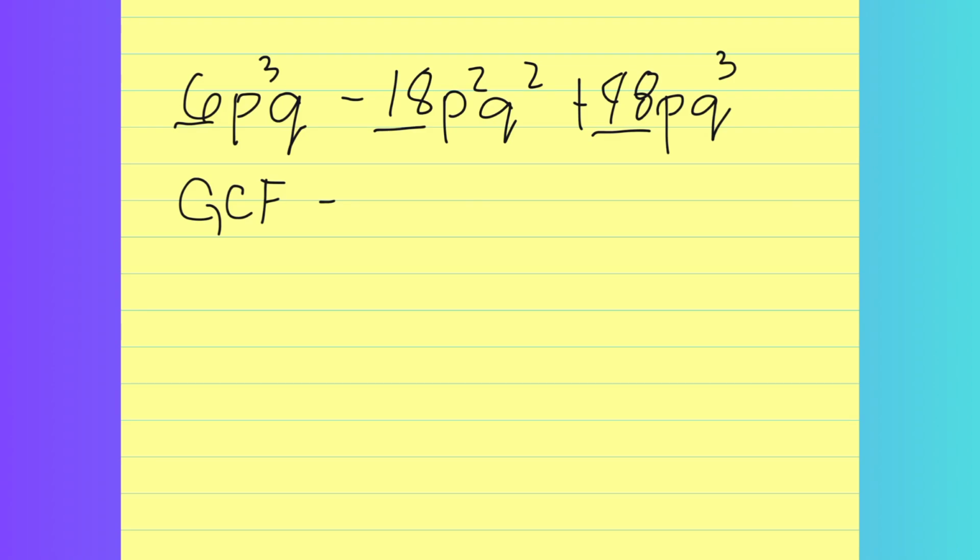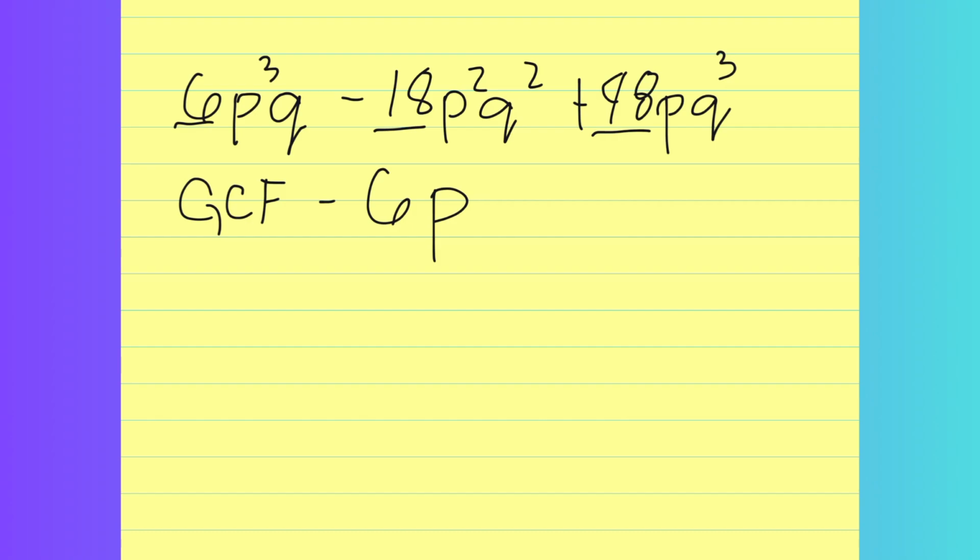So 6, is 18 divisible by 6? Yes. How about 48? Is 48 divisible by 6? Of course. Therefore, the greatest integer that divides each of the coefficients of the polynomial is 6. Now, look at p.